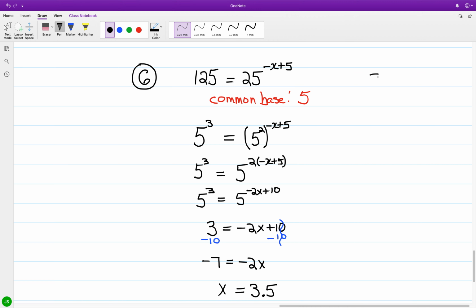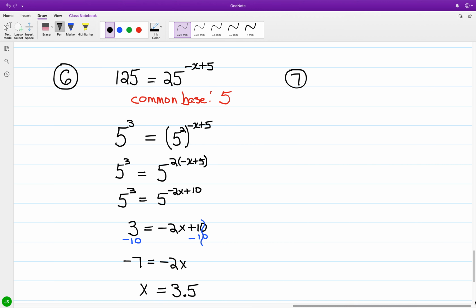For what we have in the case of number 7, in this one, we're looking at solving for x, whereupon we have e raised to the 3x is equal to 4. And to take care of the e, we'll be taking the natural logarithm of both sides.